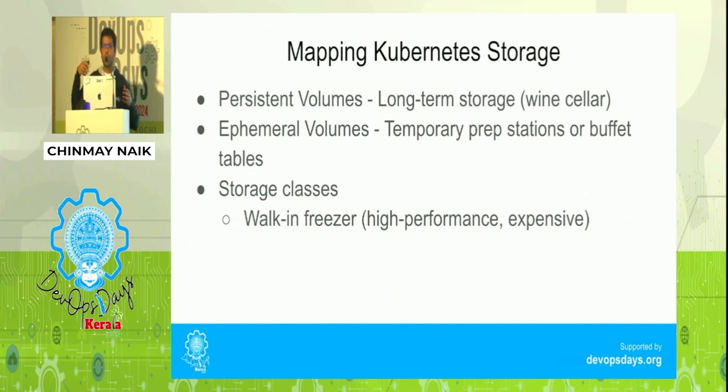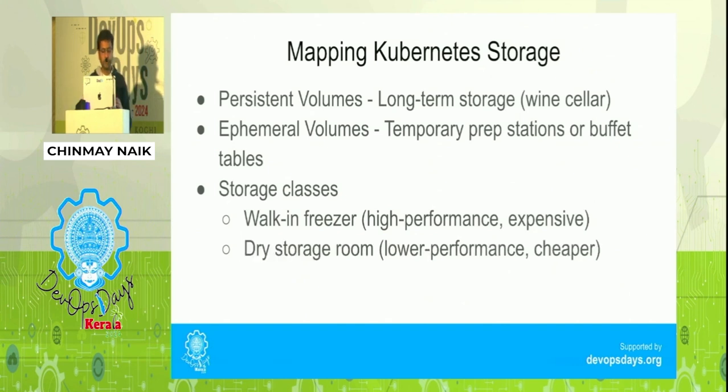A chef walks in, grabs whatever they need, and walks out and just uses that from the freezer, right? So it's a high performance kind of storage, but it's also super costly to maintain a full blown freezer, right? There could be typically a dry storage room, which is kind of lower performance. You can put your food grains and whatever there. So that's kind of dry storage.